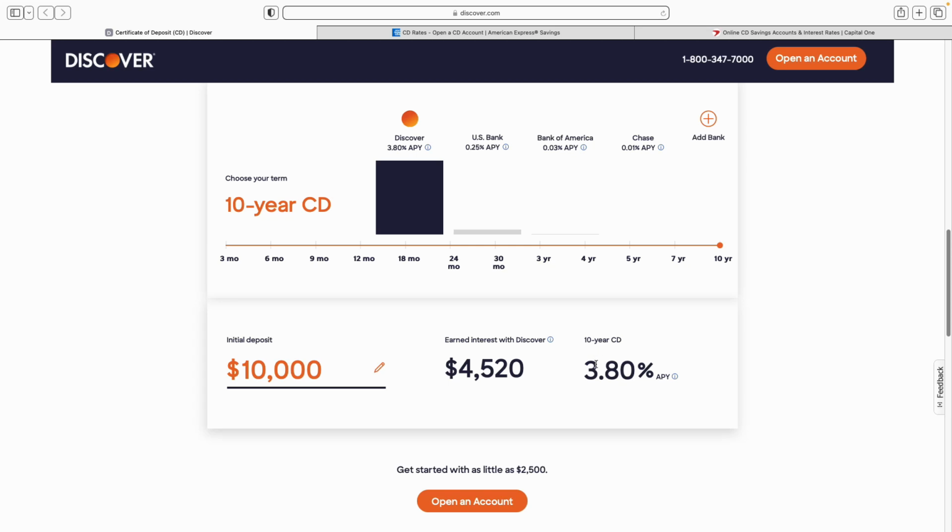If you say, well, I multiply 10,000 times 3.80%, I should get $380, right? And of course, over 10 years, I just multiply times 10. So it should be $3,800. And you can see that 3,800 falls short of 4,520. So it's off.